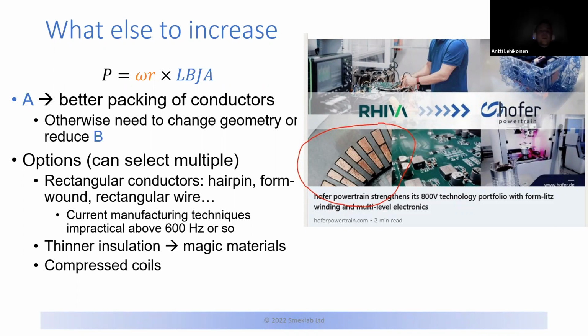The practical limit is at around 600 Hertz or 1 kilohertz or so. The reason being that the conductors need to get smaller and smaller when you move into higher frequencies, and then you also have to transpose or twist them suitably, and that can be tricky with rectangular conductors. So they still have their limitations.